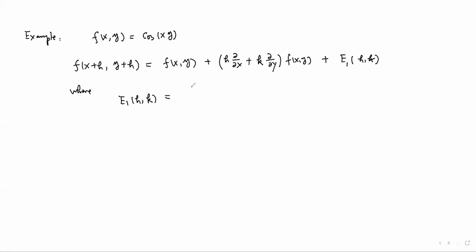So n plus 1, so 2 factorial, times (h partial derivative with respect to x plus k partial derivative with respect to y), where the power is 2, applied to f at the point x plus theta h, y plus theta k.